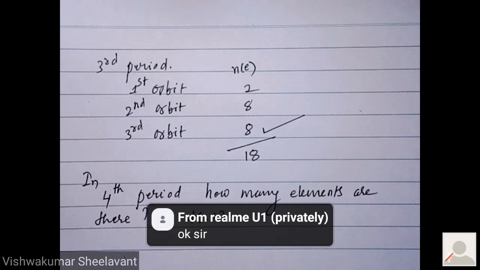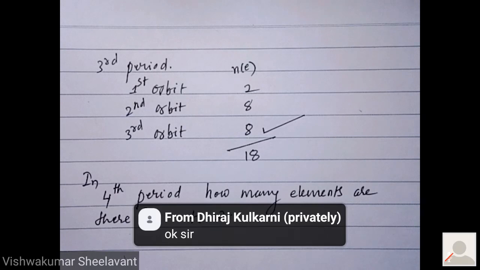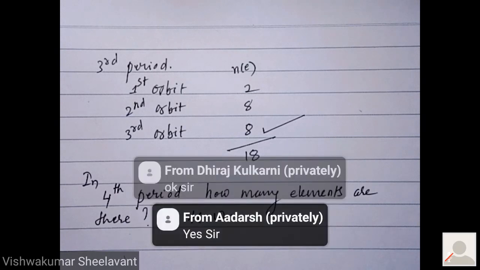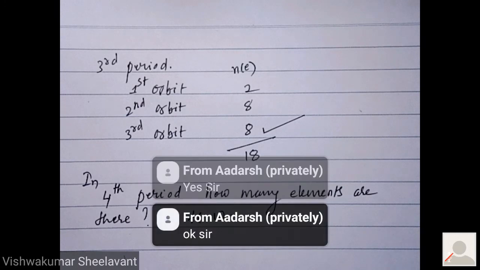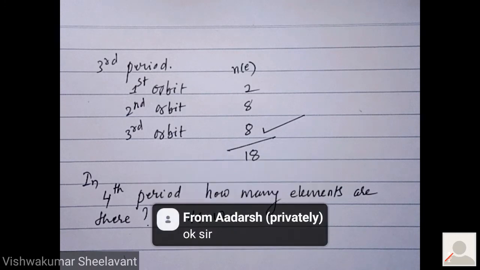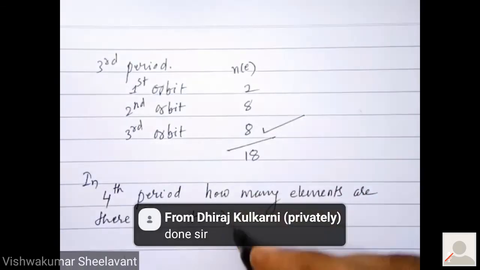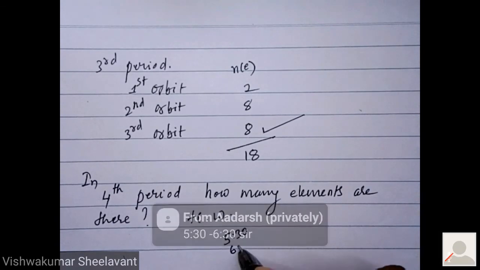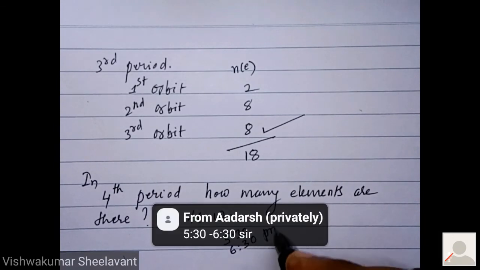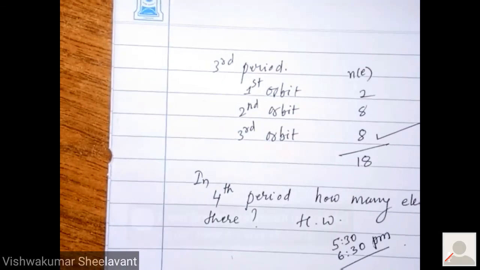Tomorrow evening 5:30 to 6:30, because some students are having classes starting from 7 o'clock in the evening. For them it will be difficult, right? So some adjustments will go on being made. Tomorrow class will be at what time? 5:30 to 6:30 p.m. I have given the time here, right? Okay.